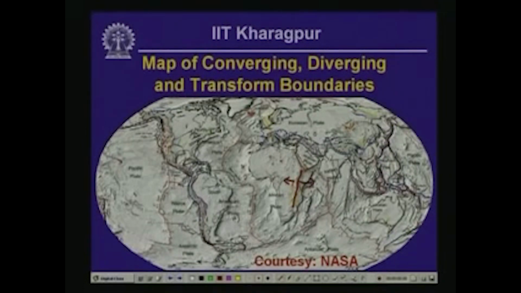Now you can see some red dots at many places on the surface of the earth.